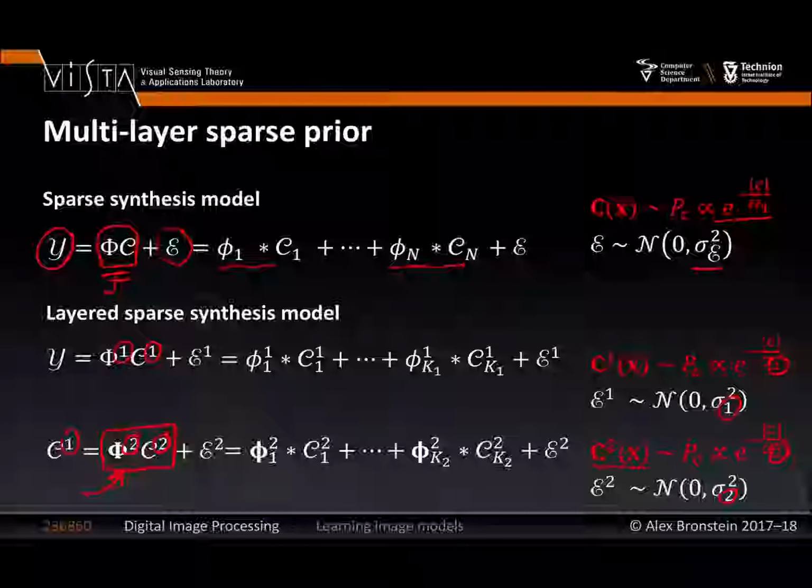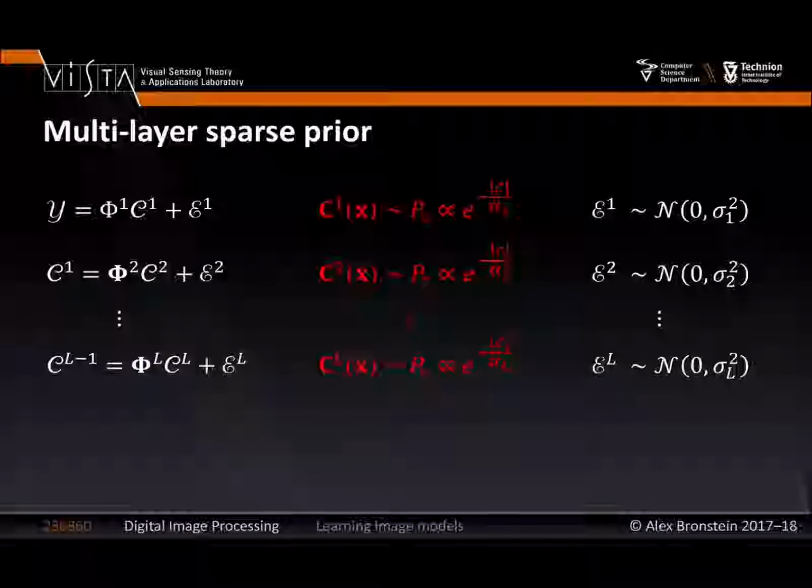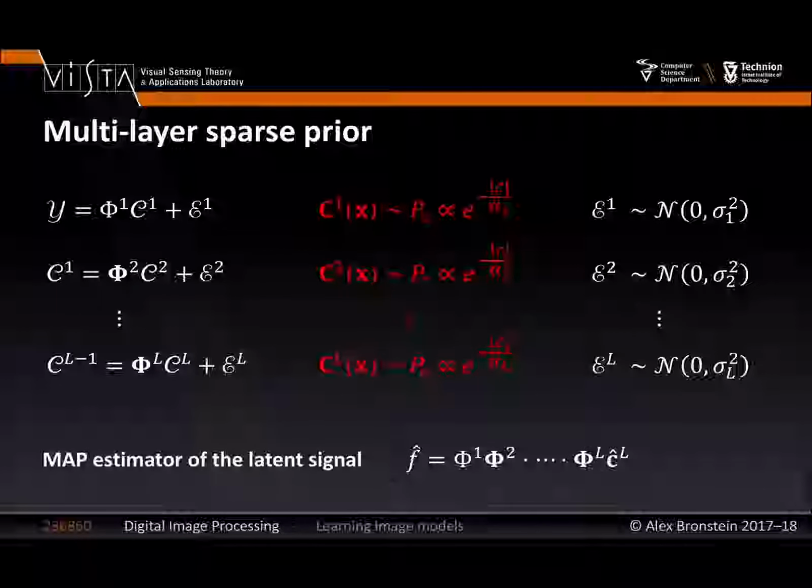So let's call this a layered sparse synthesis model or a multi-layer sparse prior. Of course, we can continue until, let's say, some L number of levels or layers in this hierarchy. And the MAP estimator of the latent signal will be simply given by this product of dictionaries multiplied by the last level in the hierarchy of the representation coefficients.